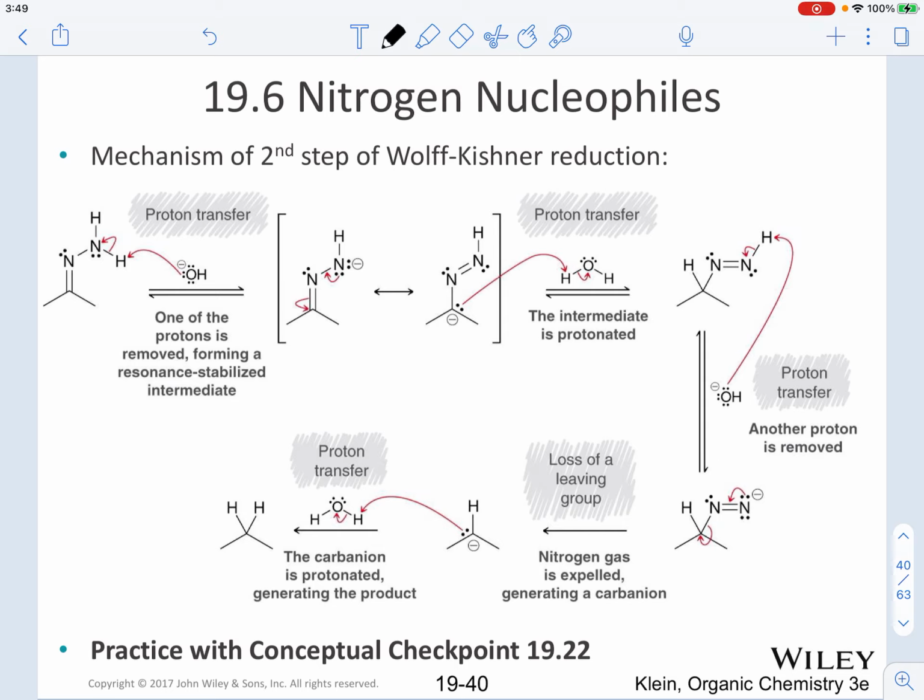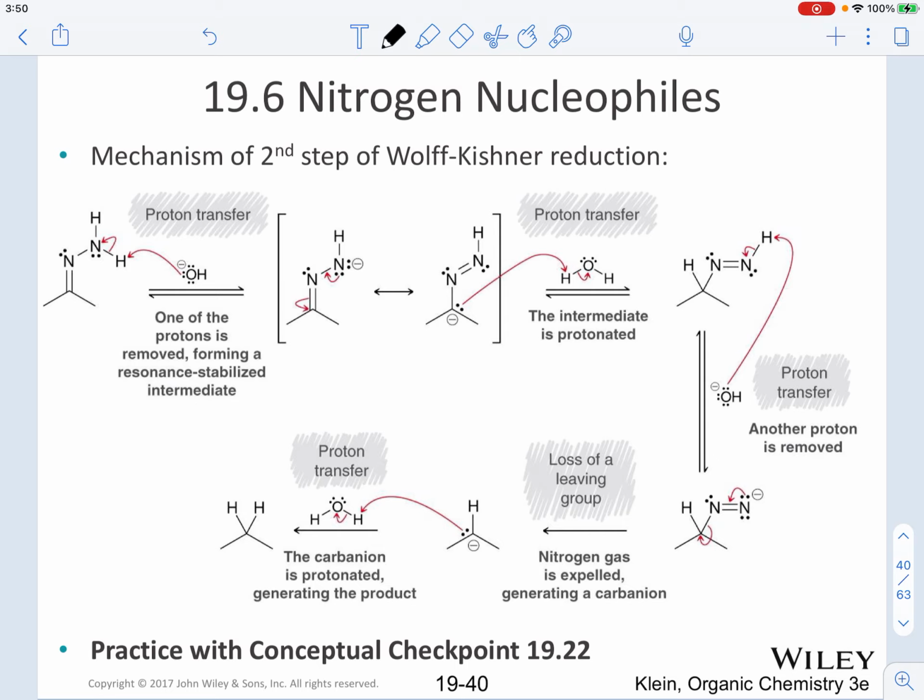Let's now focus on the second part of the reaction, which is once we have that imine-like structure, what happens when we have the potassium hydroxide and the elimination of the nitrogen in order to incorporate the two hydrogens for the reaction. And this is how the mechanism proceeds.